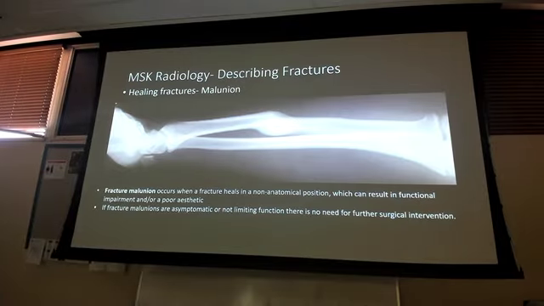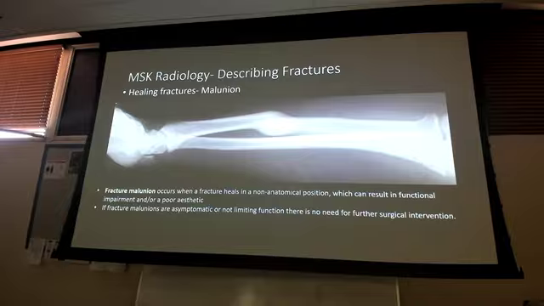This is your malunion. This is healed. But that is not the anatomical position of that radius. That is not what it's supposed to look like. So now what do we do for this? It depends. Is it causing them pain or functional impairment? If it's not, congratulations, you got a funky radius.